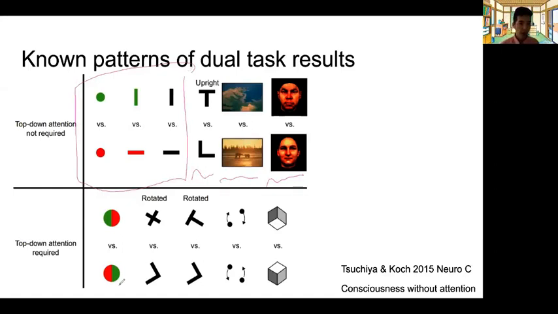On the other hand, all these things in the bottom row may be, first of all, an arbitrary combination of these features, right?